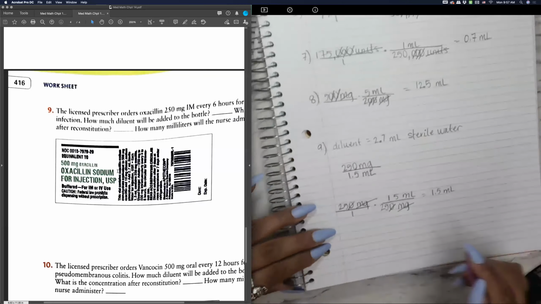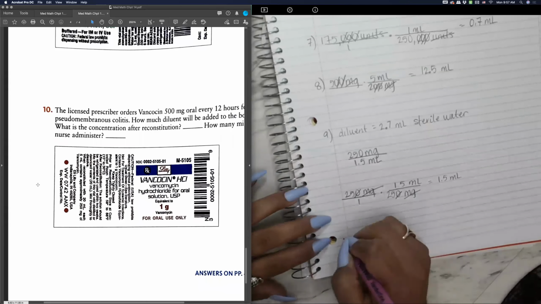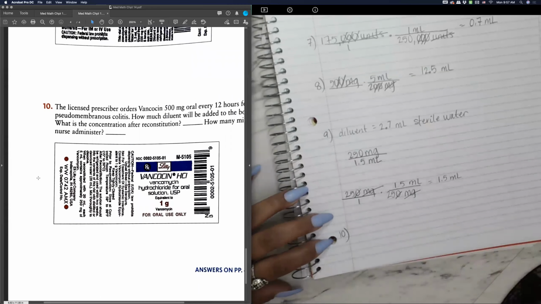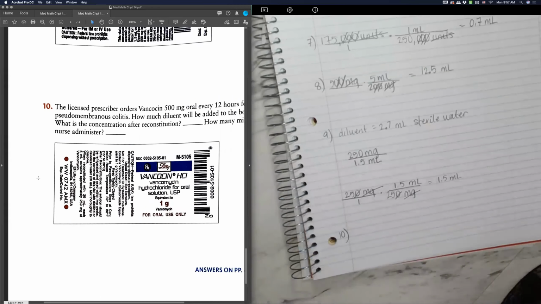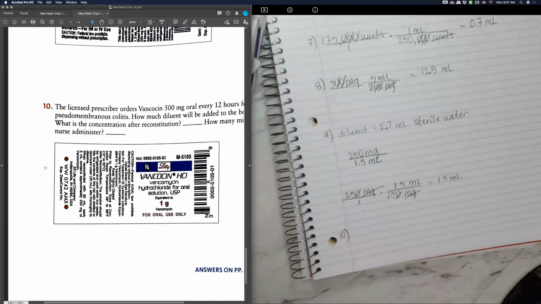Okay, and let's see, number 10. Let's find the mixing instructions. Okay, so right here, the solution should be refrigerated and used within 2 weeks.